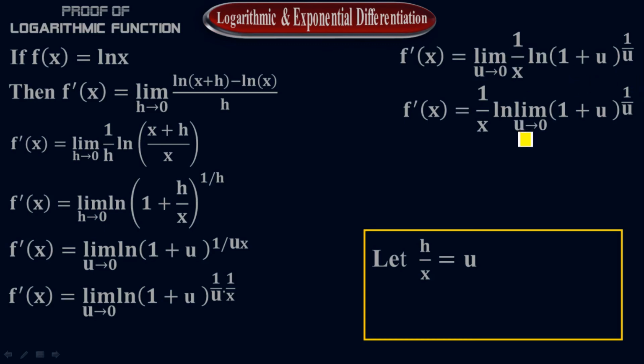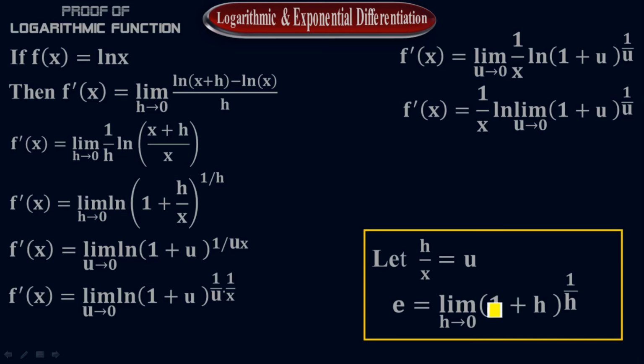I do it for this purpose because, according to the rule, the mathematical value of the constant e is the limit of (1 plus u) to the whole 1 over u, where u approaches 0. This region, from here up to there, equals e. e equals the limit of (1 plus h) to the whole 1 over h, where h approaches 0.